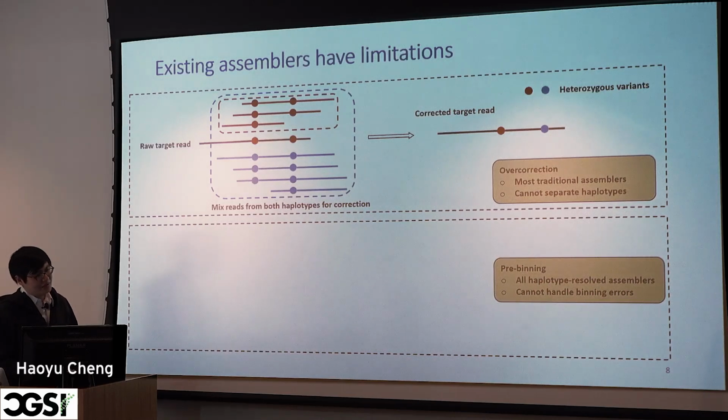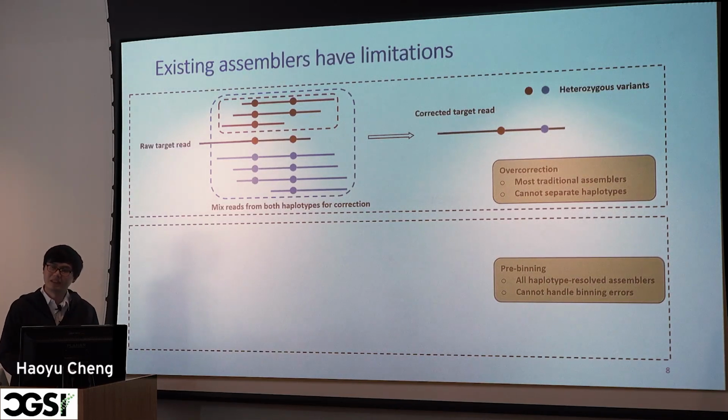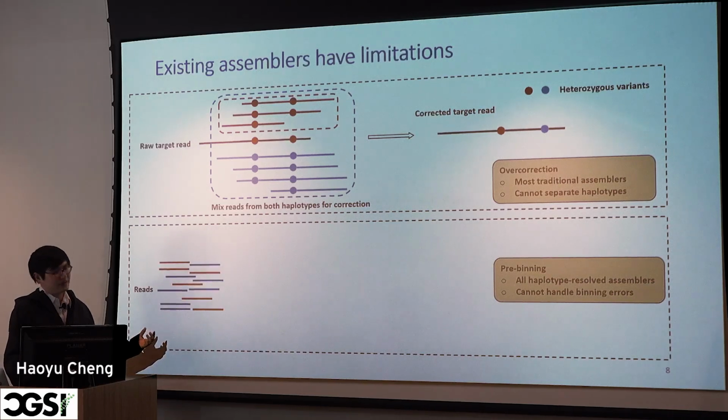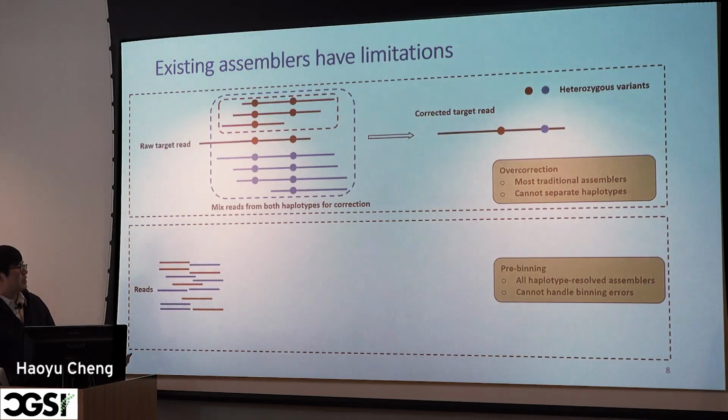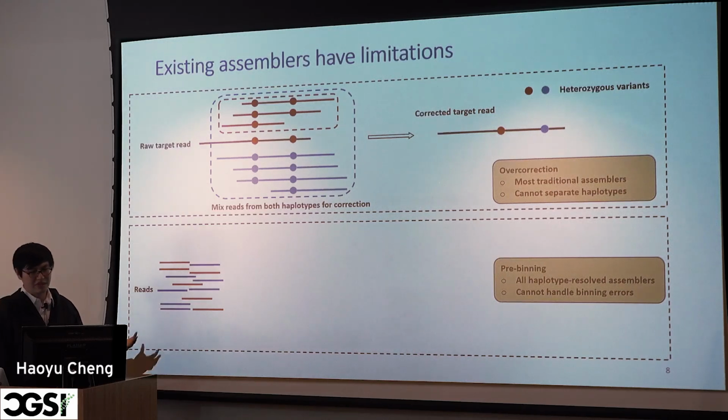So another limitation is mostly coming from the pre-binning strategy. This strategy is widely used in most of the current haplotype-resolved genome assembly algorithms. I'm just giving an example of this type of strategy here. If we have the reads here, then many of the reads in red come from haplotype 1, and many of the reads in blue come from haplotype 2.